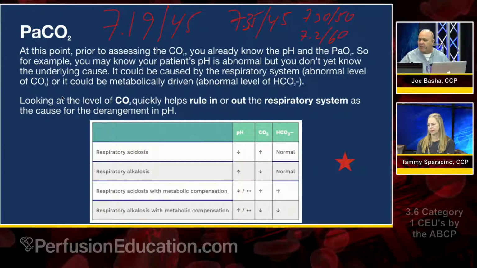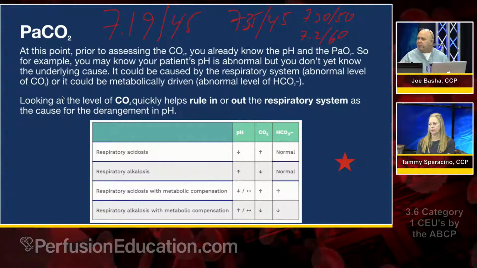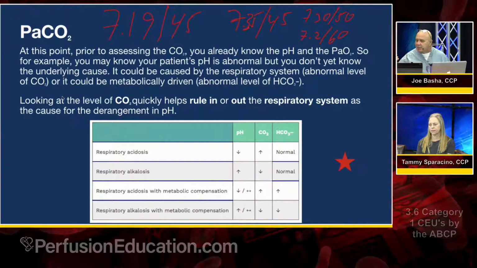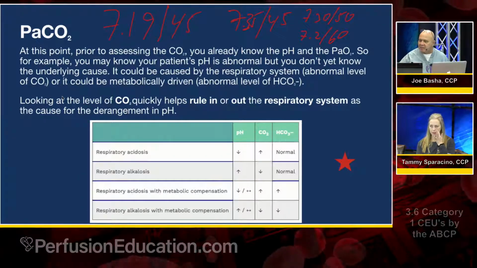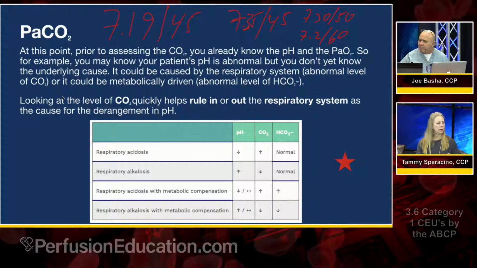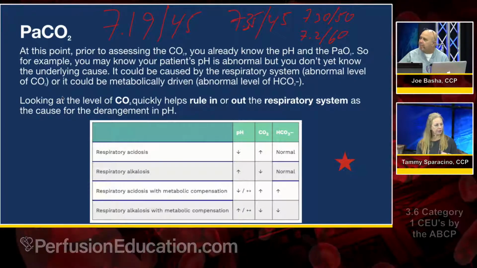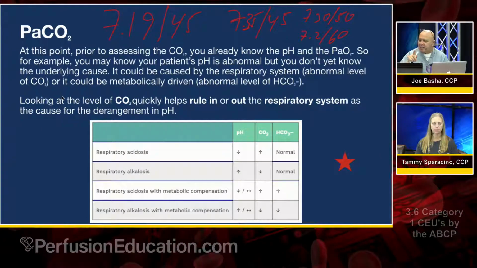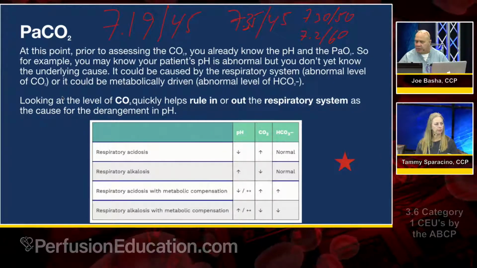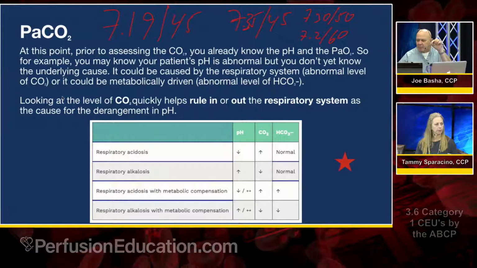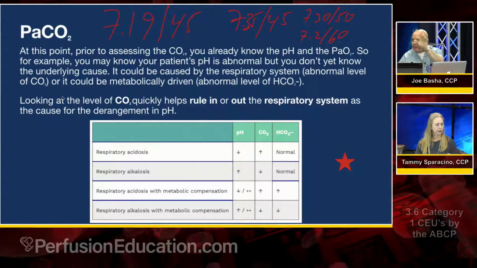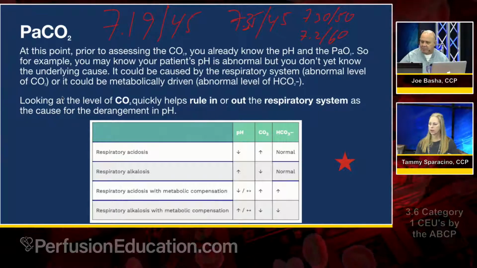This is a very easy way to know how much bicarb you might need, how much CO2 you might need to blow off, all of that kind of stuff. So if we just remember 7.4 should be 40, then you can figure everything else out. Correct. For every point up on PCO2, you need a 0.01 drop in pH. Got it.